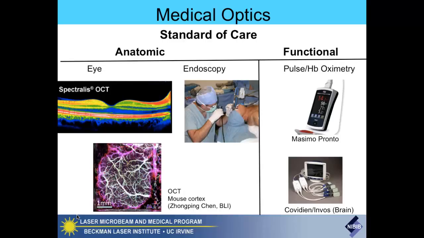This is mouse cortex, done by Zhongping Chen here. This is a type of Doppler OCT. It looks at the Doppler shifted scattered signal, and from mathematical reconstruction techniques, you can visualize vasculature. Depending upon how quantitative you want to be, you can determine whether flow is going in or out of the plane of the field of view.